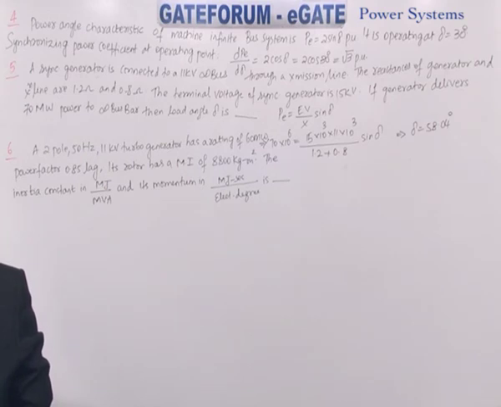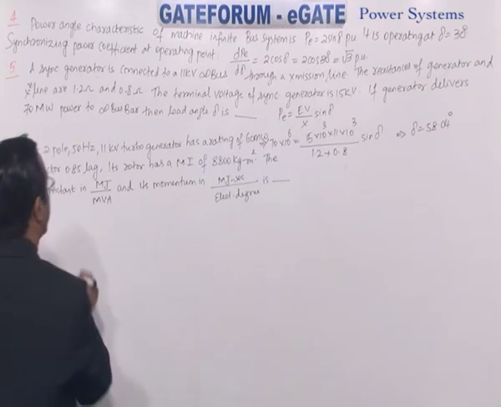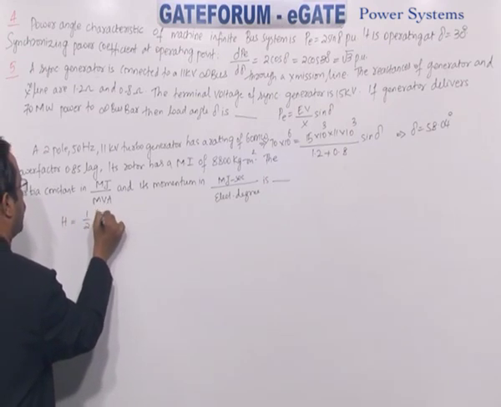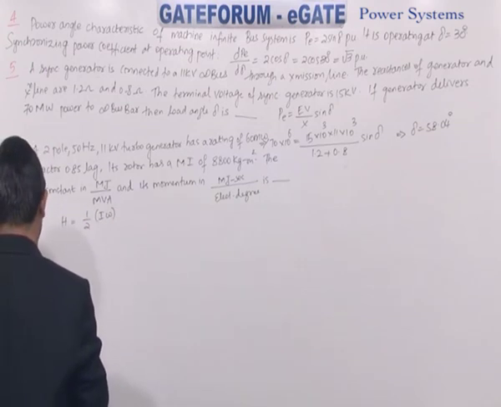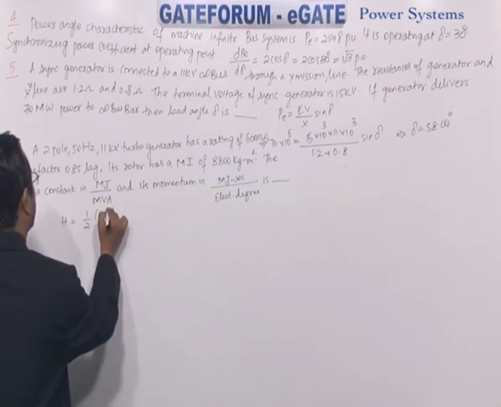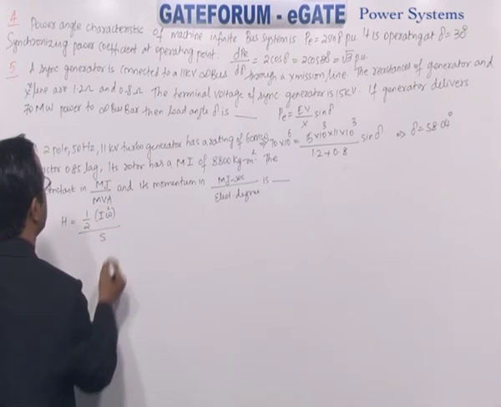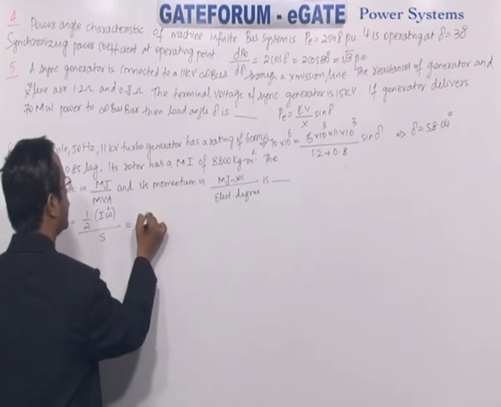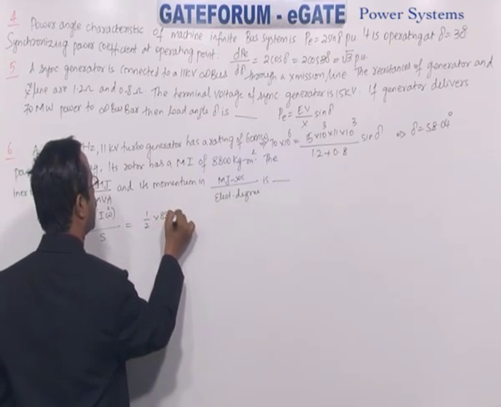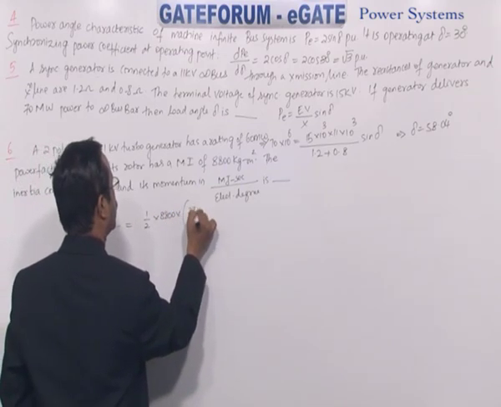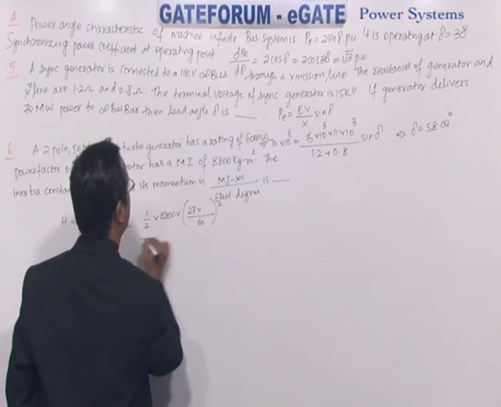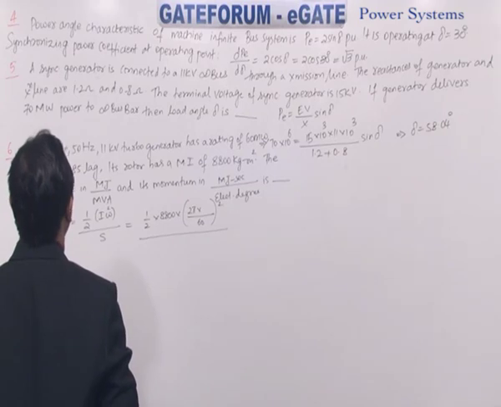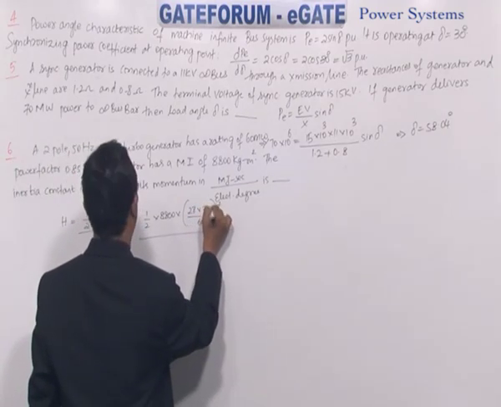So first we have to calculate what is H. How do you calculate H? Kinetic energy stored, so half I omega square divided by rating S. The moment of inertia given in the question is 8,800. Omega is 2 pi n by 60. N is 120 F by P, that is 3000 RPM.